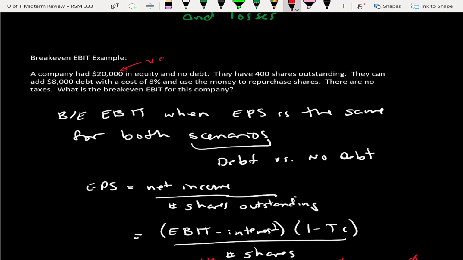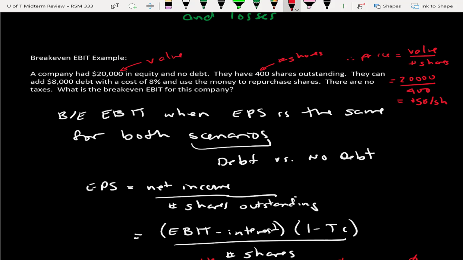This is the value of the company before everything started. And this was the number of shares. So we can conclude that the price is equal to the value of the company divided by number of shares. Okay, so it is equal to 20,000 divided by 400. So it's $50 per share.